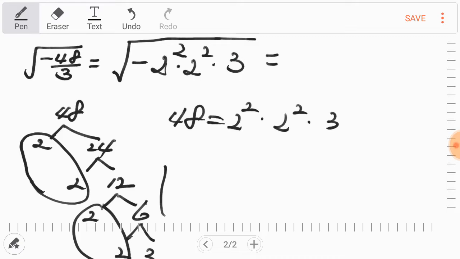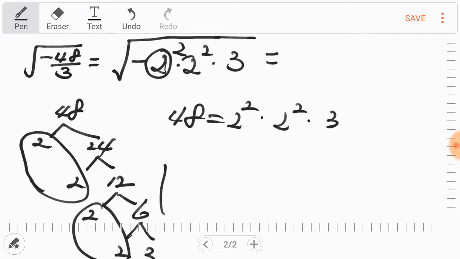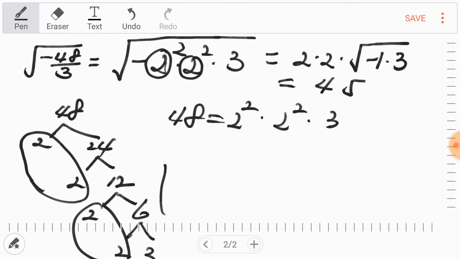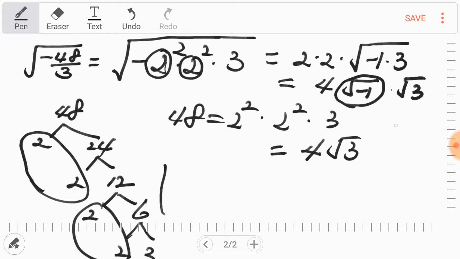So that is equal to, you can take these two out, 2 times 2, square root of negative 1 times 3. Then 4 times square root of negative 1 times square root of 3. So finally this is equal to 4 times square root of 3 times square root of negative 1. That is imaginary number i. So this is the solution.